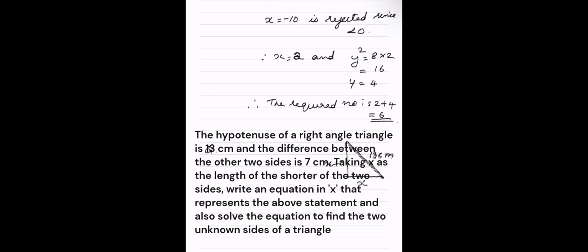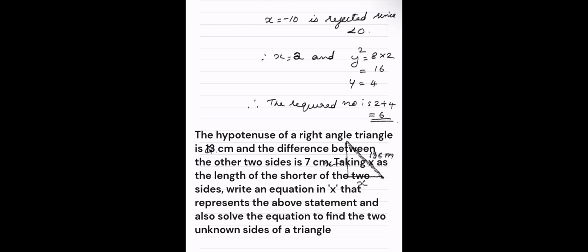That's all you need to understand, okay? Taking x as the length of the shorter of the two sides, write the equation in x that represents the above statement and also solve the equation to find the two unknown sides.